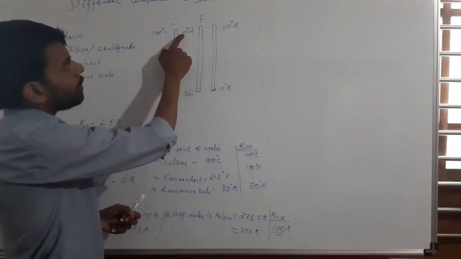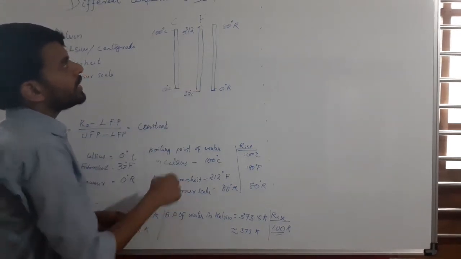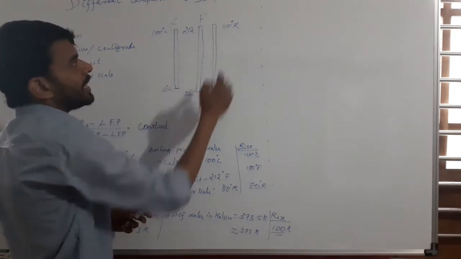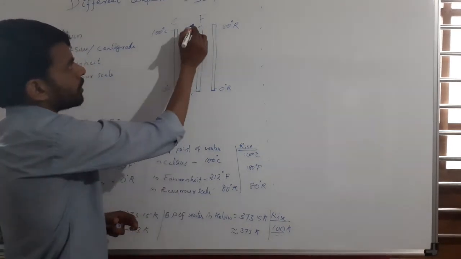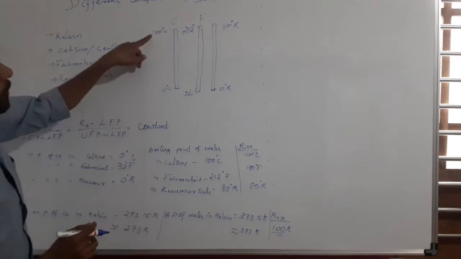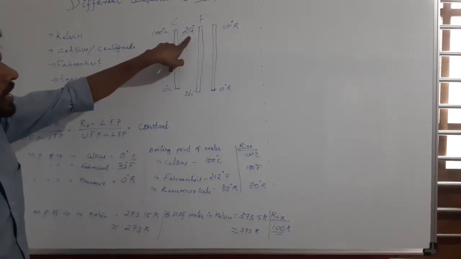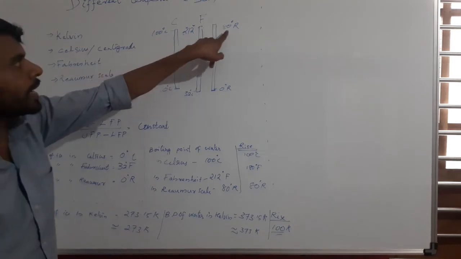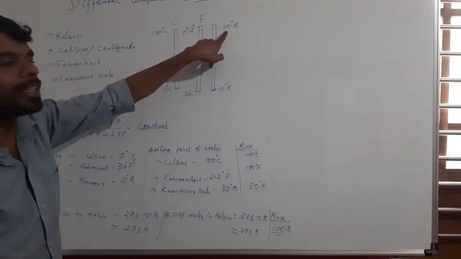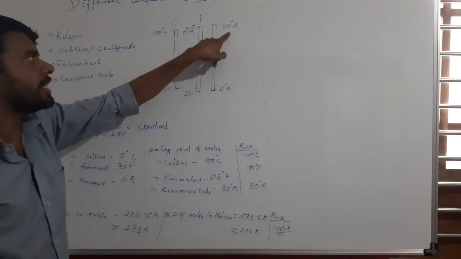Here we give the mark as 212 degree Fahrenheit. Here we give it as 80 degree Romer. So the upper fixed point in centigrade is 100, in Fahrenheit it is 212, in Romer it is again 80 degree.